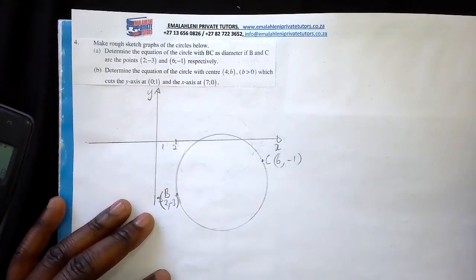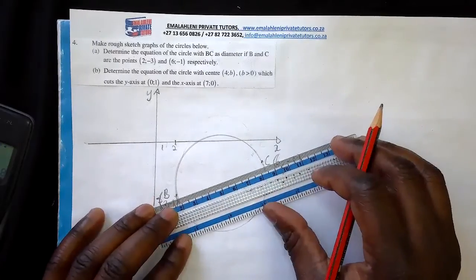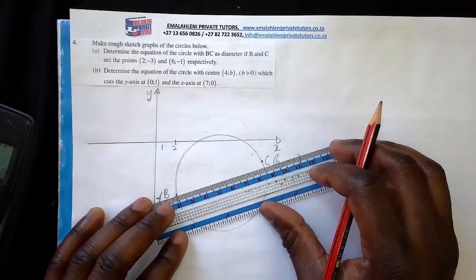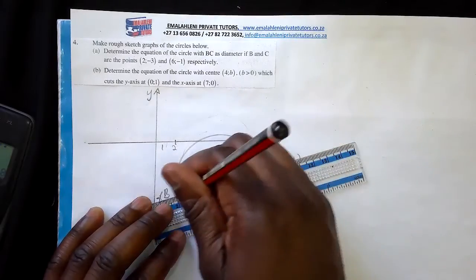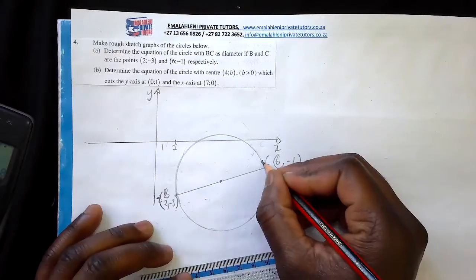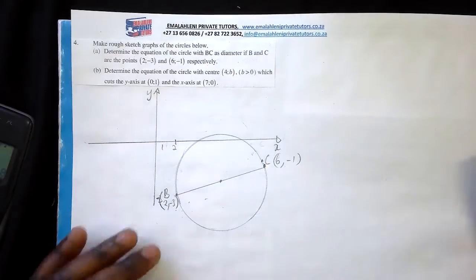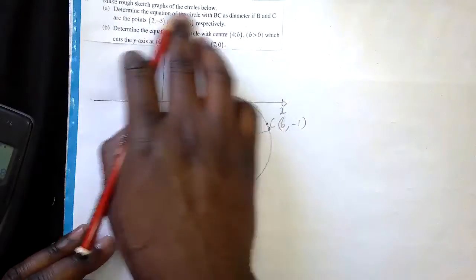Now we are told that this is a diameter, meaning to say it passes through the center. So now we need to find the equation of the circle.